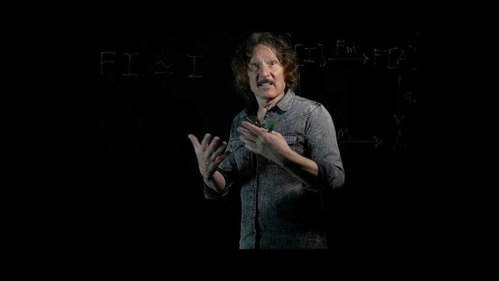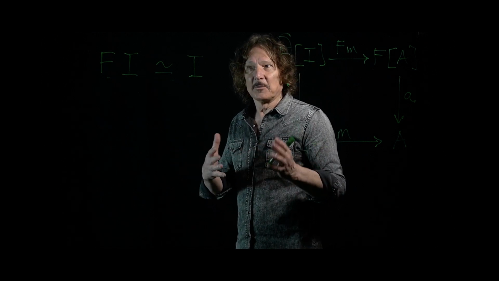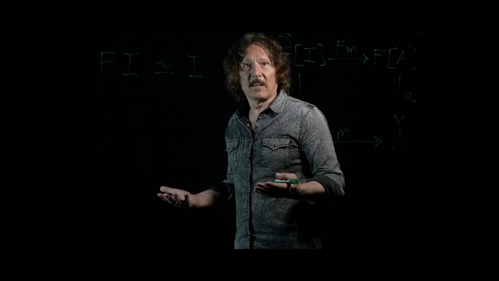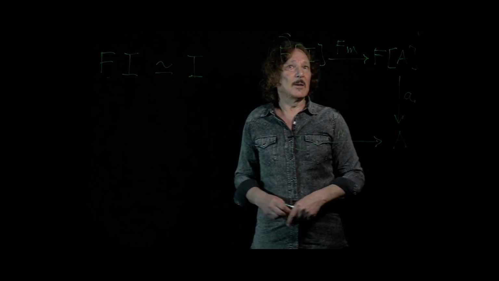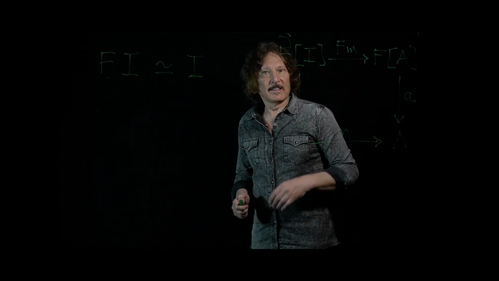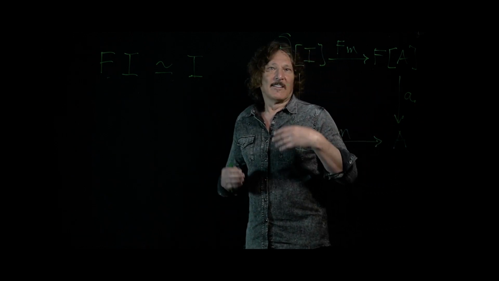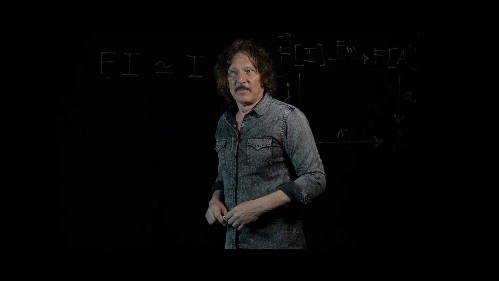It does not modify it. It's a fixed thing: you transform it and you get back the same thing. Like f acting on any other type will produce a different type, but this one produces almost the same type, up to isomorphism. So this is called a fixed point equation.